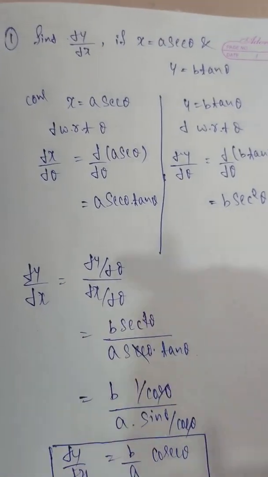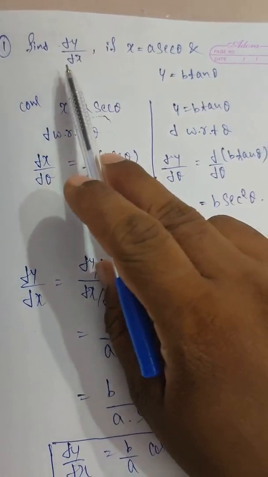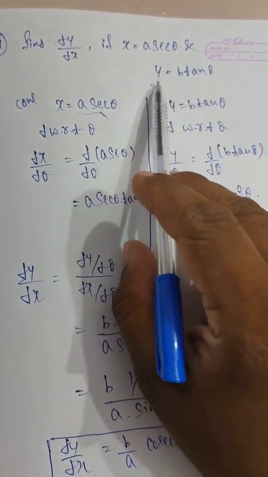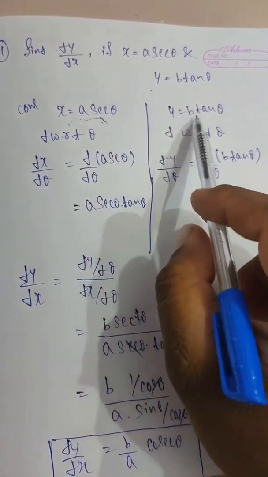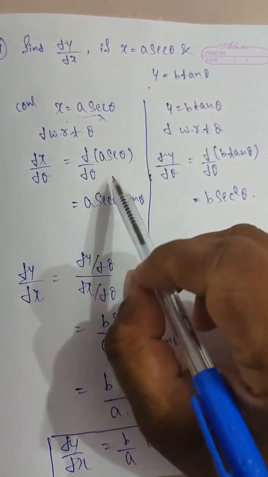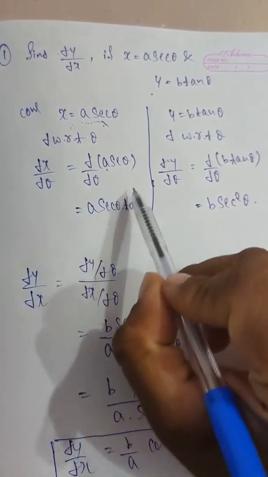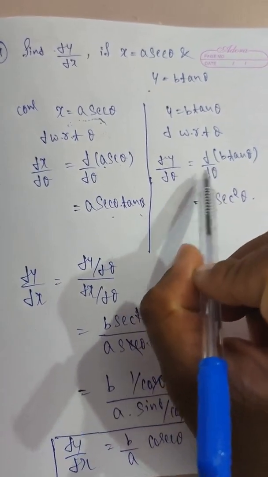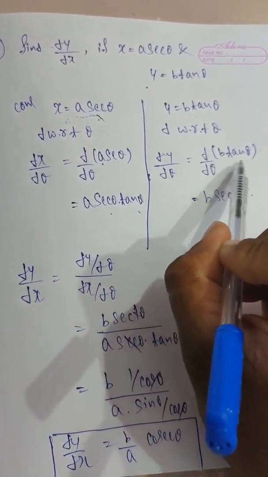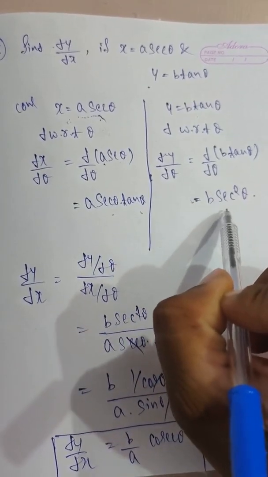Once again I am repeating. The given problem is: find dy by dx if x is equal to a secant theta, y is equal to b tan theta. You differentiate with respect to theta separately. Here a is a constant. The differentiation of secant theta is secant theta into tan theta. Here dy by d theta is the differentiation of b tan theta. Here b is a constant. The differentiation of tan theta is secant square theta.